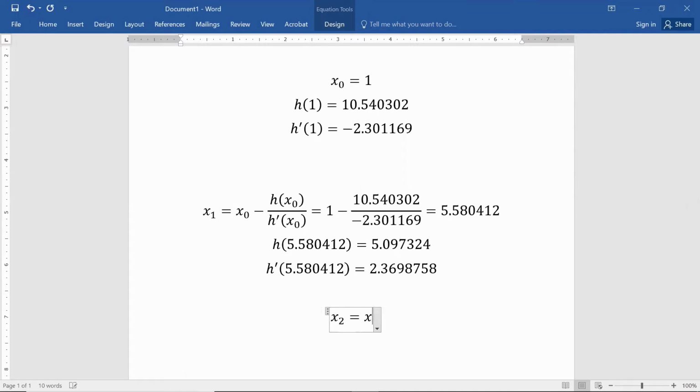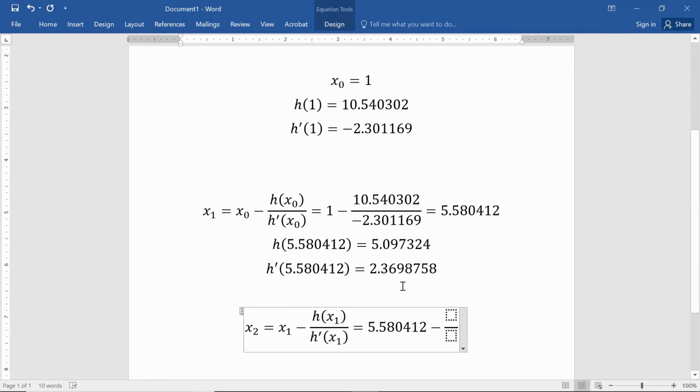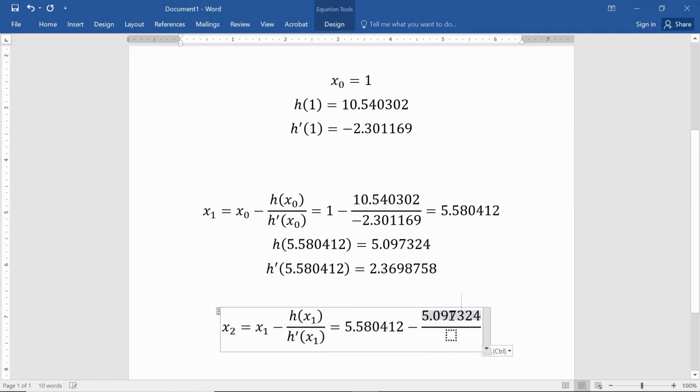That puts us, let me just copy and paste, in a weird spot, and we'll start seeing why. So take 5.580412, subtract this fraction, which has a numerator of around 5.09 and a denominator which is close to 2.37.